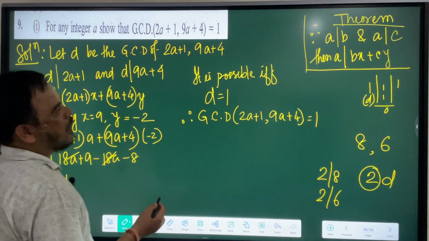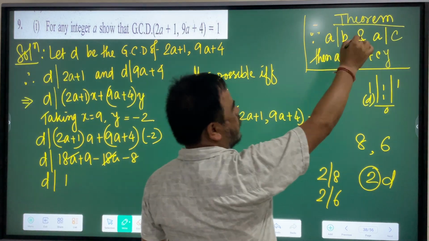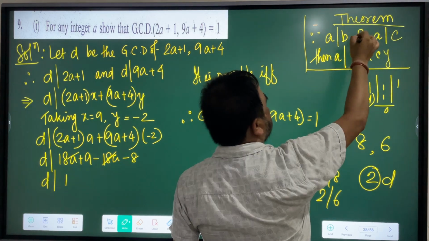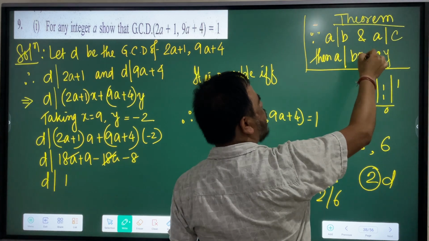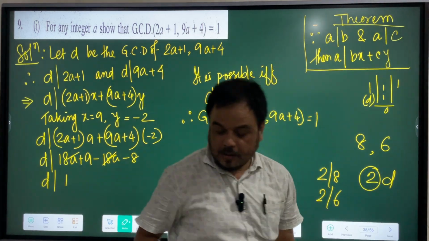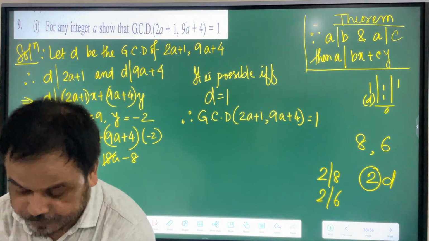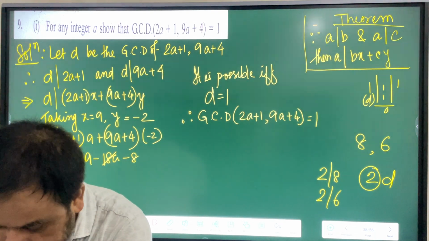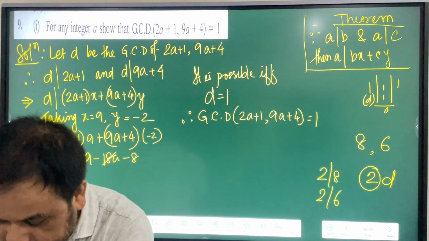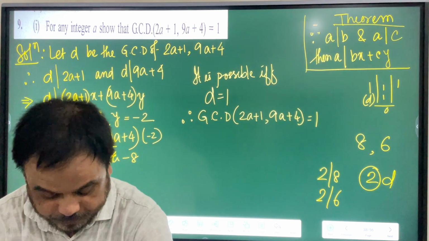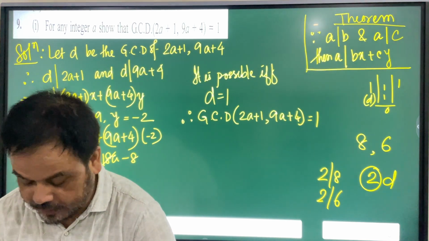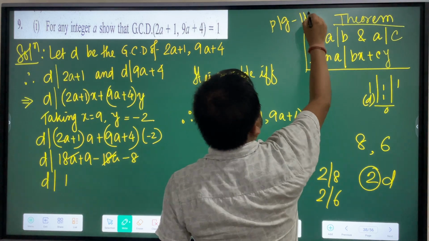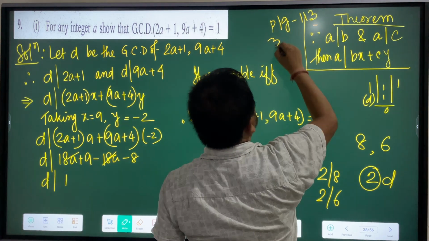There is a theorem in the previous exercise, the previous video, which I already explained: if A divides B and A divides C, then A divides Bx plus Cy. It is on page number 113, theorem number 38.